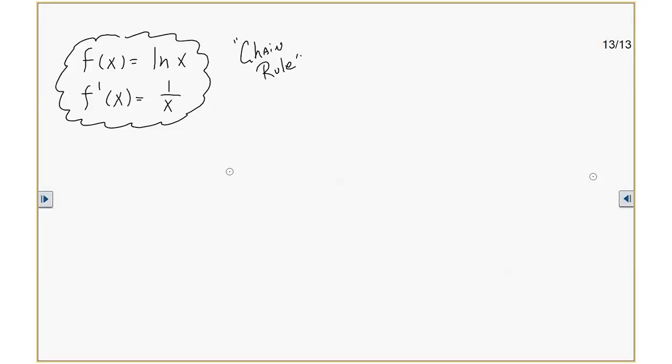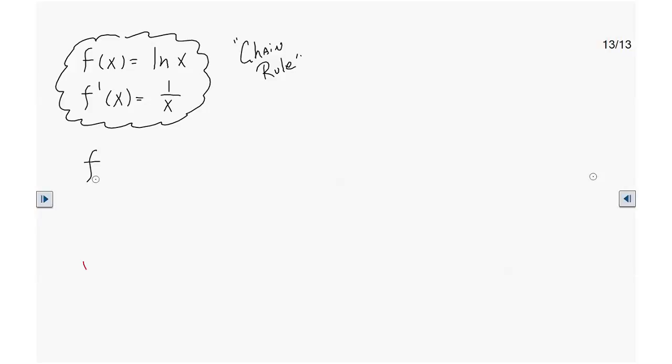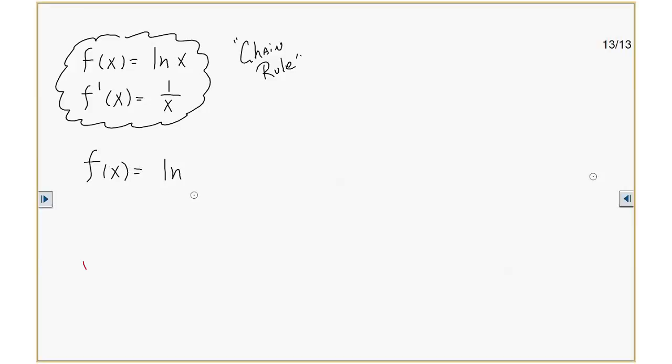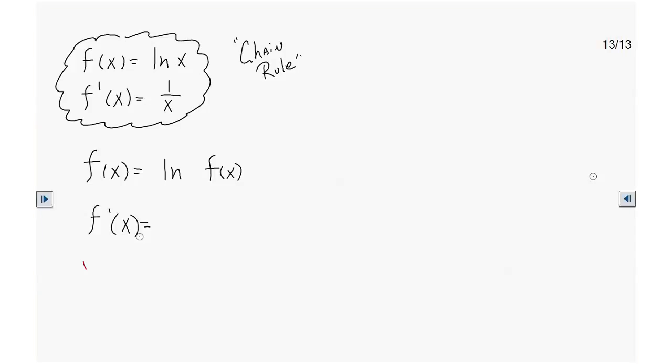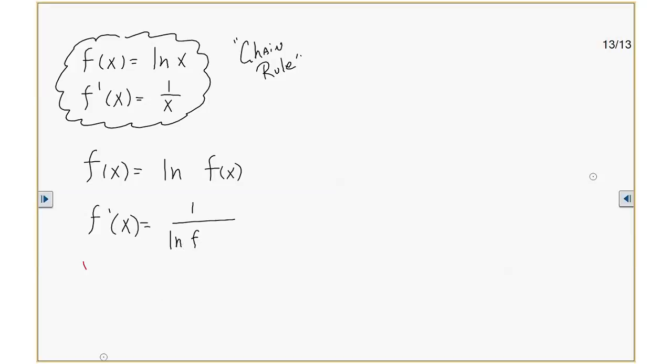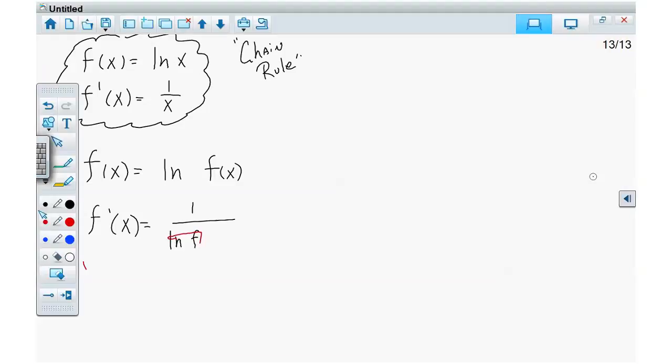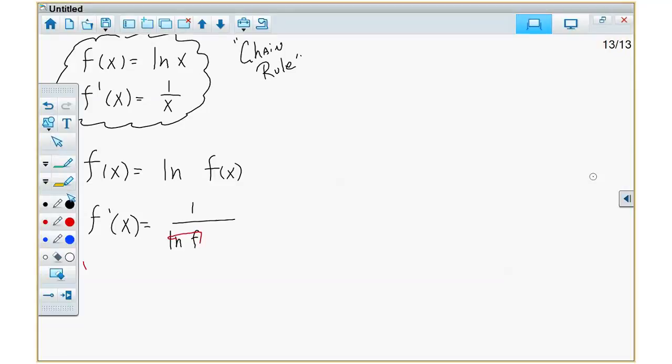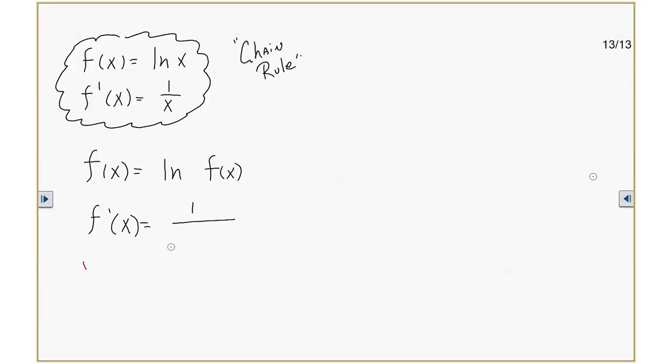If you have f of x equal to the natural log of a function, then, as we discussed the other day, f prime of x is going to be equal to 1 over the function, times the f prime of x, and that's basically the chain rule.